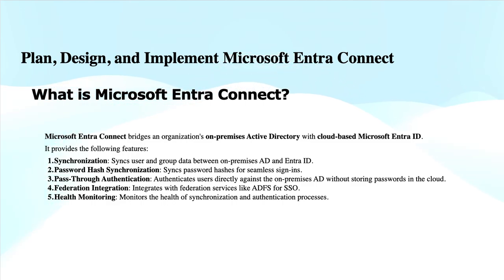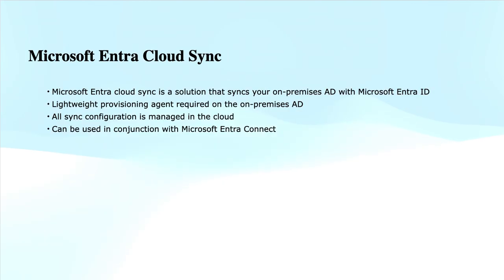The Microsoft Entra Cloud Sync is a new tool, and this is actually for the same job that the Entra Connect does for the identity synchronization from on-premises to the cloud. But the Microsoft Entra Cloud Sync has a few advantages over the Entra Connect. Number one, it is a lightweight agent and its provisioning is quite handy.